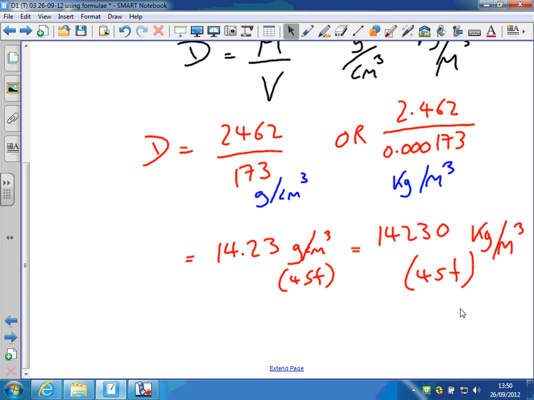But note, if you want to convert from grams per cubic centimetres to kilograms per cubic metre, what do you do? Yeah, times by 1,000 effectively, move it 3 places. And that's worth remembering, okay? Times 1,000. This is the maths behind that actually: to get from grams to kilograms, I divide by 1,000.